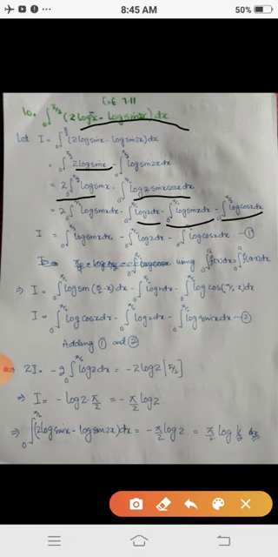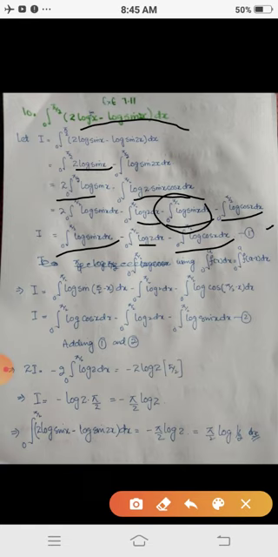Now here we have twice the integral from 0 to pi by 2 of log sin x minus the integral from 0 to pi by 2 of log sin x, that is simply the integral from 0 to pi by 2 of log sin x. Here it is simply the integral from 0 to pi by 2 of log 2 dx and the integral from 0 to pi by 2 of log cos x dx. Name it equation first.